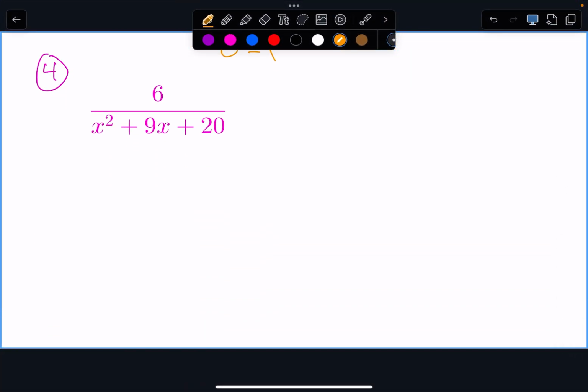This one is partial fraction decomposition. This is the easiest example of the partial fraction decomposition. So I'm just going to factor that: x plus 4, x plus 5.